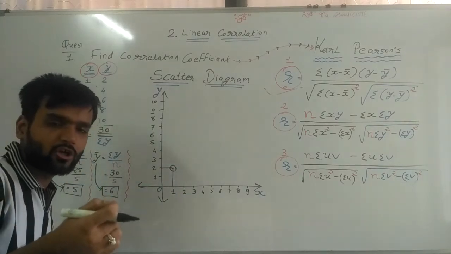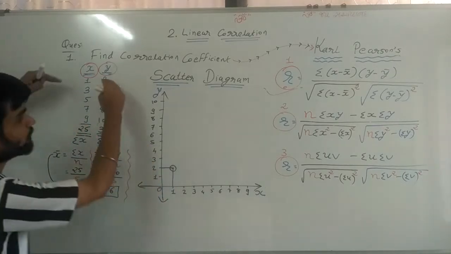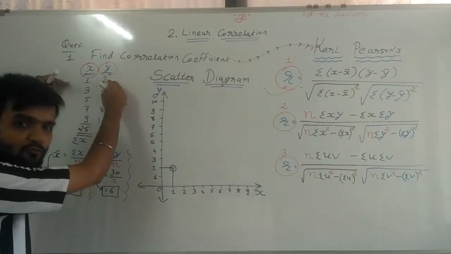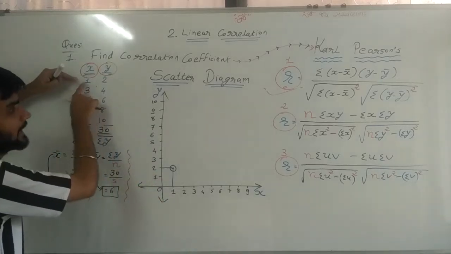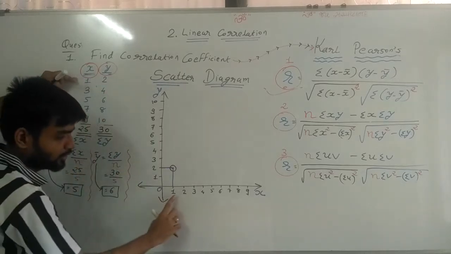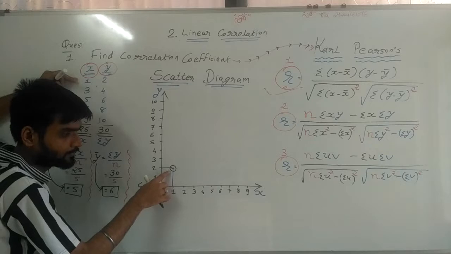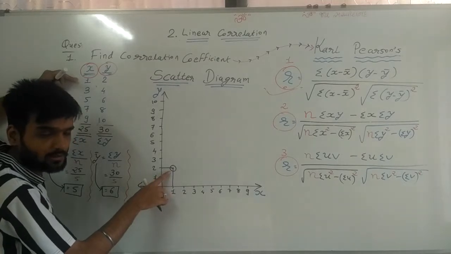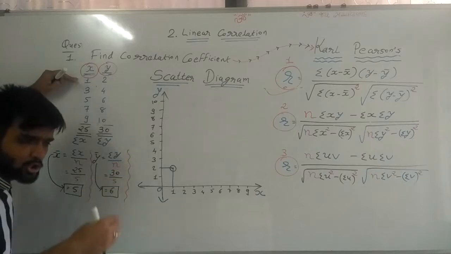So it is the plotting of points on graph paper on the basis of the given values of the variables. The first values given are 1 and 2, for x 1, y 2. So on the x-axis 1, on the y-axis 2, both together. That is my point. Same way, go ahead.